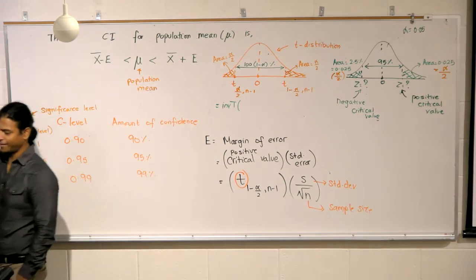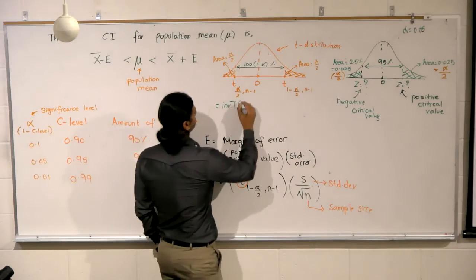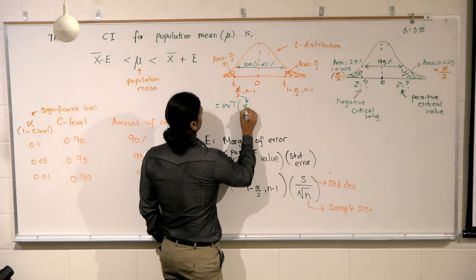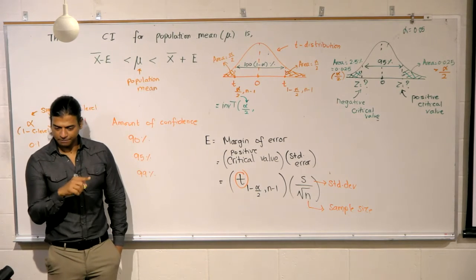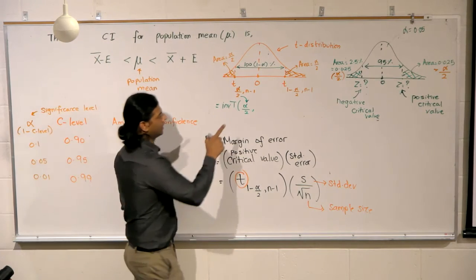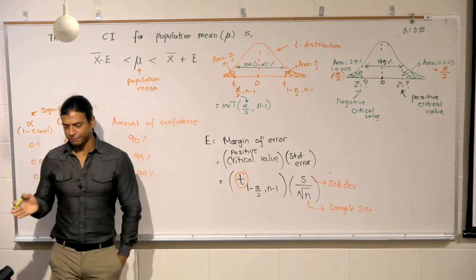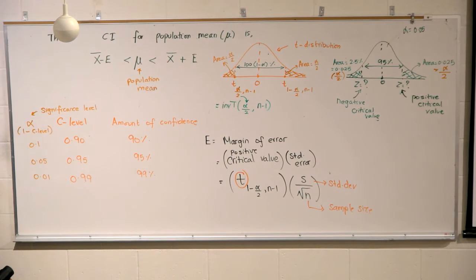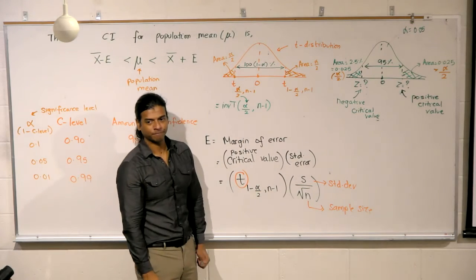So second class. Do we see inverse T? You simply put the area below, followed by n minus 1. The only difference between inverse norm and inverse T is that inverse T will require that n minus 1. Good.